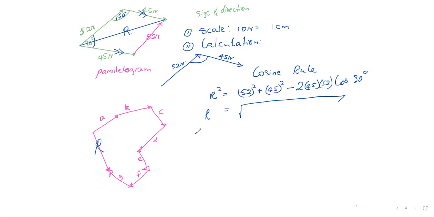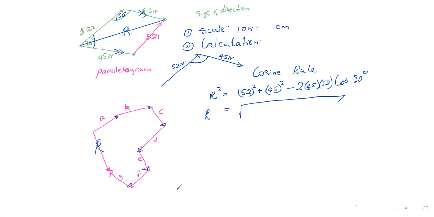Note, for you to have R, it must be head to tail, head to tail, head to tail, head to tail, head to tail, head to tail, and here is head to head for resultant.